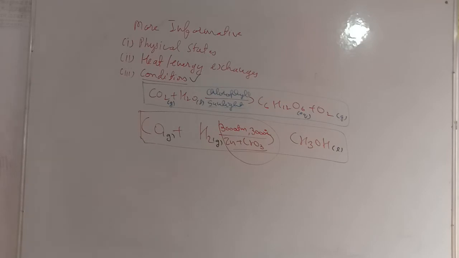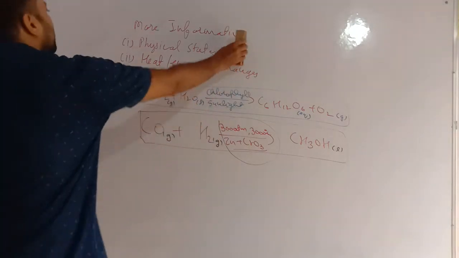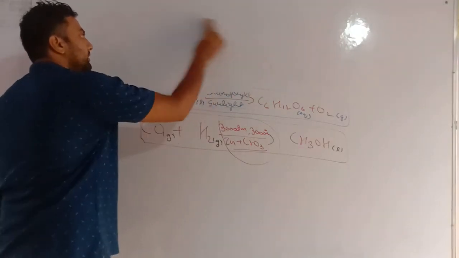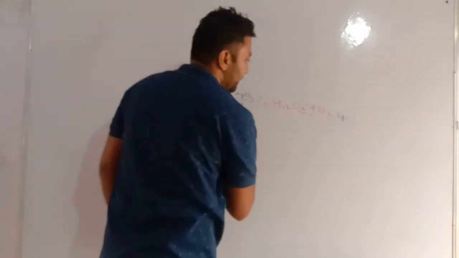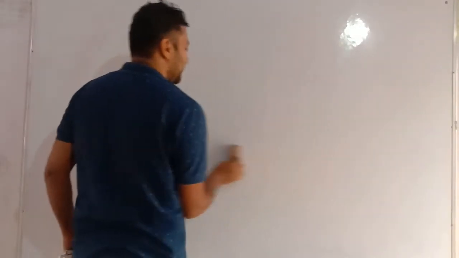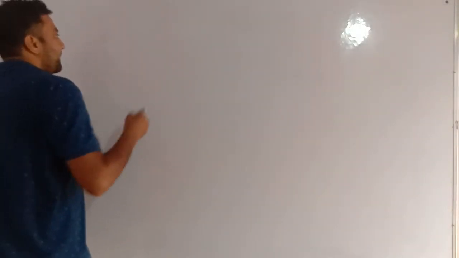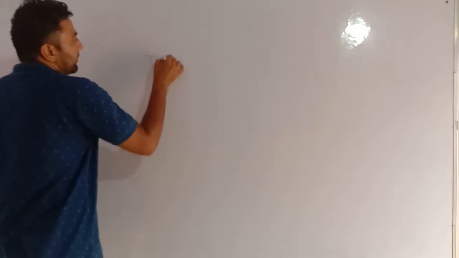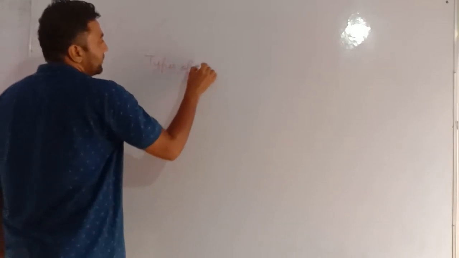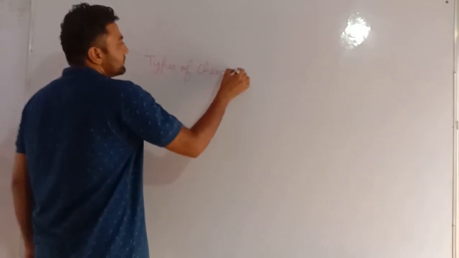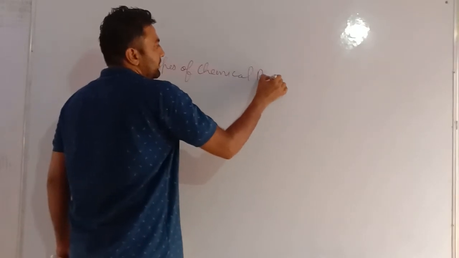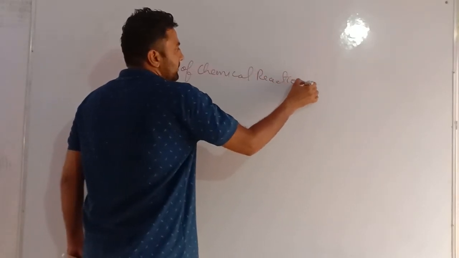Okay, my dear students. Basically, there are many types of chemical reactions. One by one, we will see all the types of chemical reactions. We have got to know what is a chemical reaction, what is a chemical equation, how to write any chemical equation, what is balanced and unbalanced chemical equations. Okay, now very important. Now we will see types of chemical reactions.